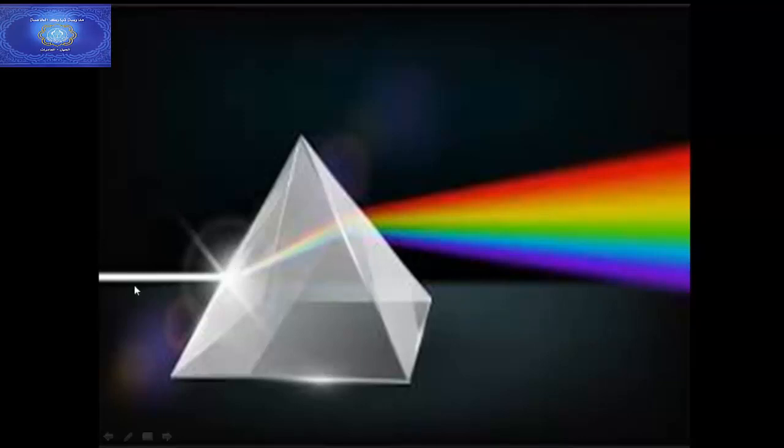Here is white light. When it hits the prism, it is analyzed into many colors. These 7 colors are called rainbow colors.